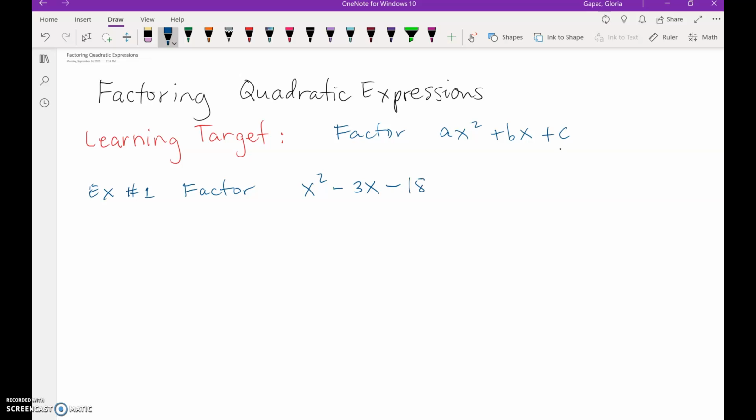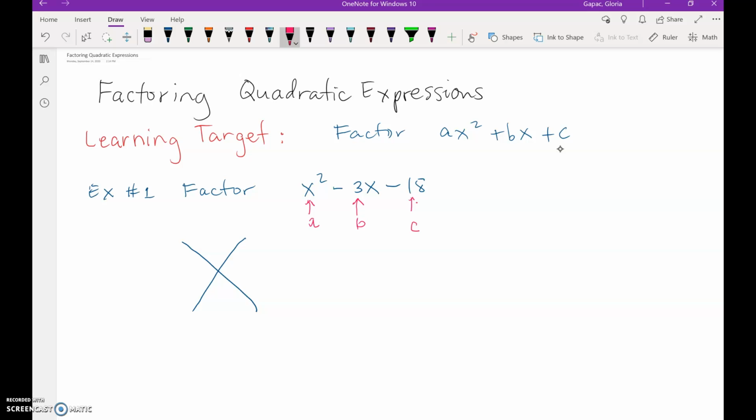So the method you had seen last time is using the x method, wherein from this x squared minus 3x minus 18, we have identified that the coefficient of x squared, which is in this case 1, is a, and then negative 3 is b, and then negative 18 is c.